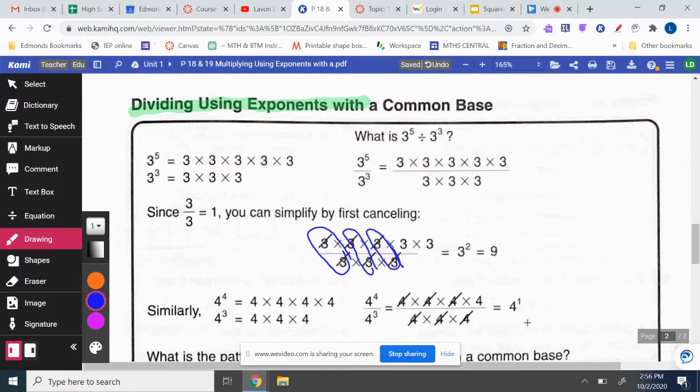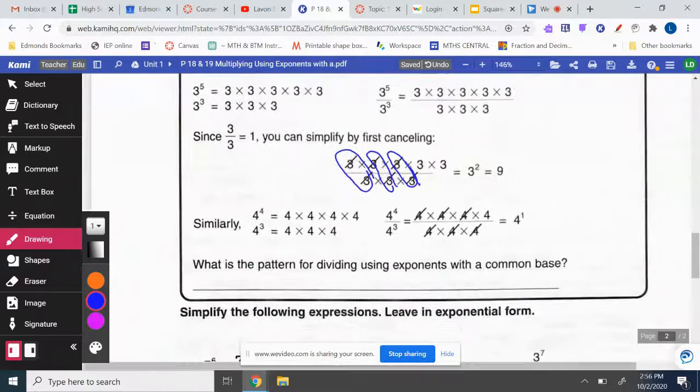So that's how they cancel that out, and whatever's left is what we put up. So the trick is this is really going to be 3 to the fifth minus 2, which gives me 3 to the second.